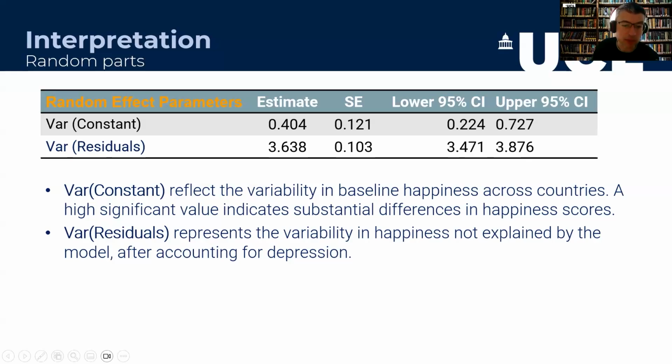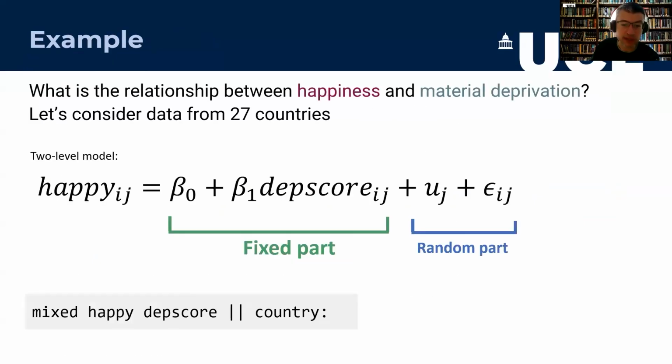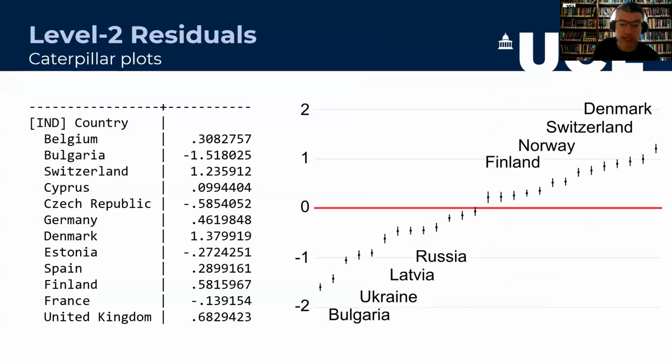And if you remember, if we go back to the caterpillar plot, this is what that variance is telling us. It's calculating the variance of all of these distances and tells us how much variation there is between the overall level and the level observed in each of the countries.